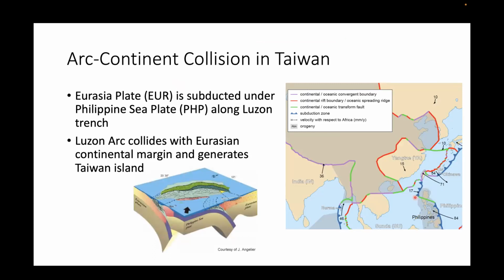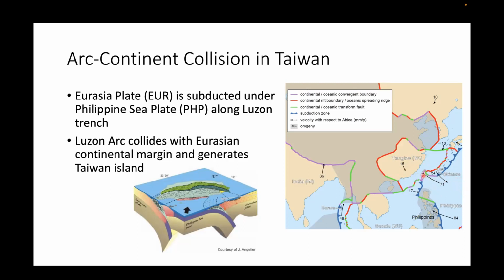Okay, and last, we are looking at where I'm from, the Taiwan tectonics. Taiwan is located in East Asia, and it's between two plates. On the west is the Eurasian plate. On the east is the Philippine Sea plate.